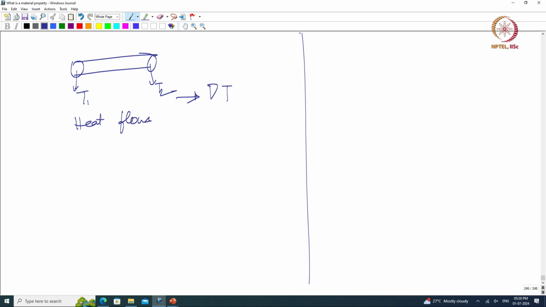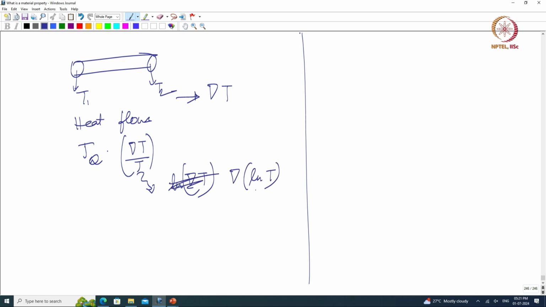The flow of heat times the gradient of temperature by temperature, in other words the gradient of log temperature, is my thermal driving force for heat flow.